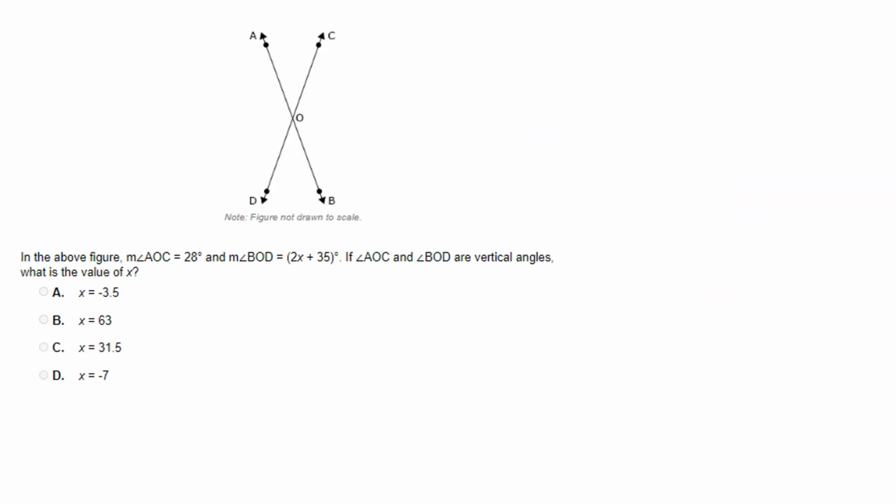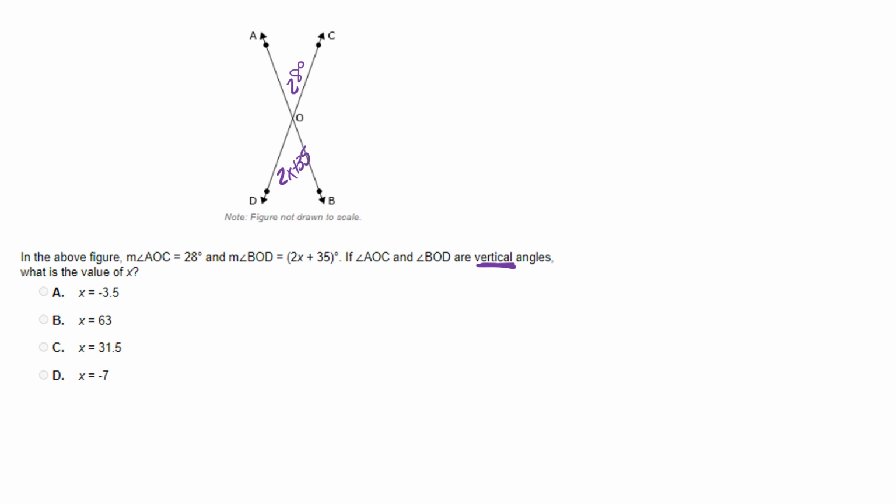In the above figure, the measure of angle AOC is 28 degrees, and the measure of BOD is 2x plus 35 degrees. If they are vertical angles, what is the value of x?